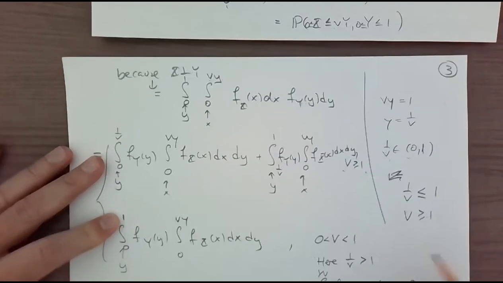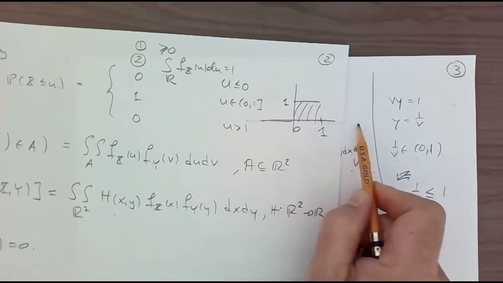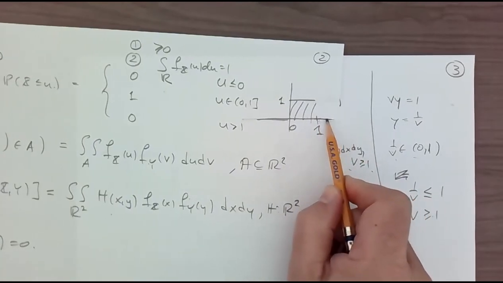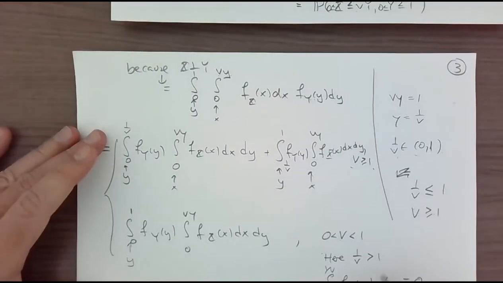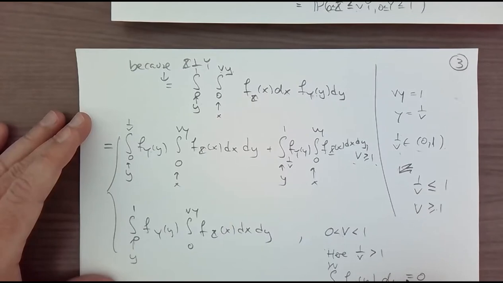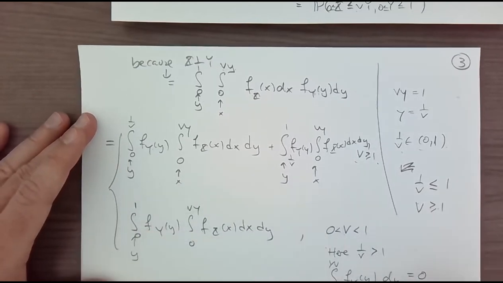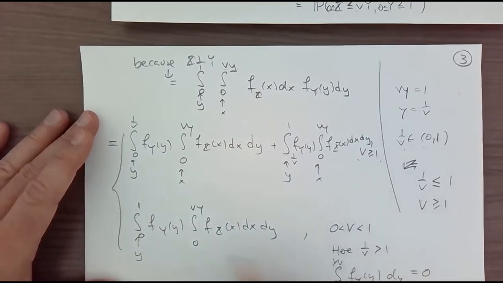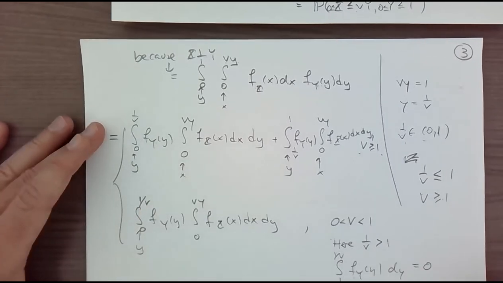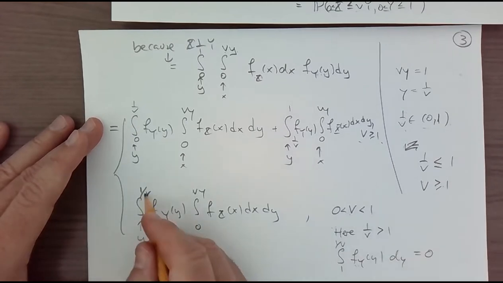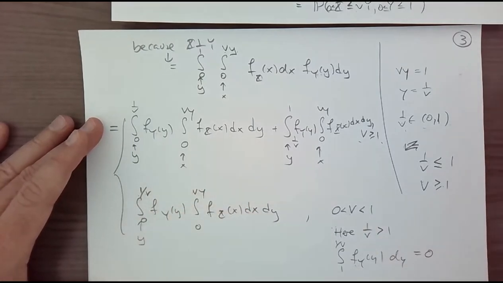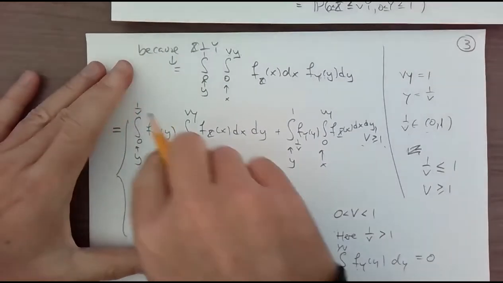Because when I have a number sufficiently far out on the right, the density is dropping to 0. So there is no harm here in integrating out to 1 over v, because f just drops off. So whether I write 1 over v or I just write 1, this is the same.